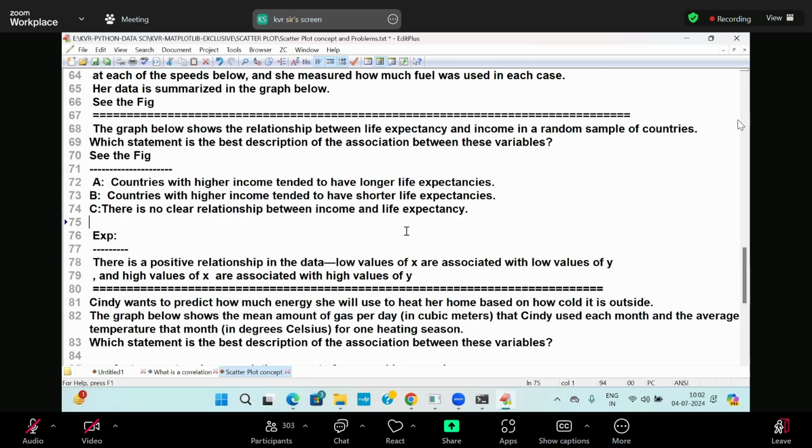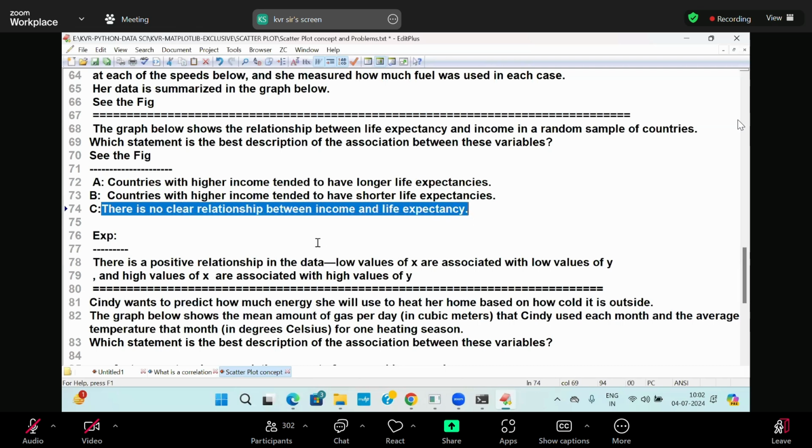What is your answer here? I did not mention the diagram here. I think you are understanding. Countries with higher income tended to have longer life expectancies, or short life expectancies, or there is no relationship between income and life expectancy. What is your understanding here?